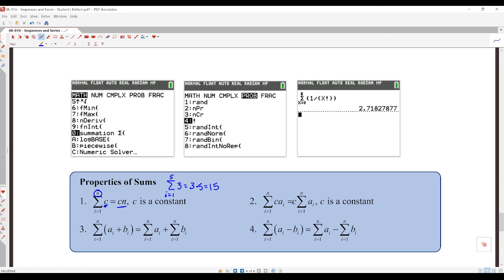2, the sum of a constant times a sequence. That constant, in effect, just gets pulled right through the summation, and we can put that out in front. That is, I can do the summation of all the terms, and then I can just multiply that by c.